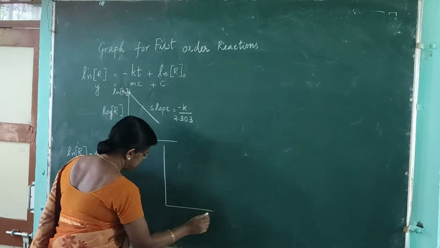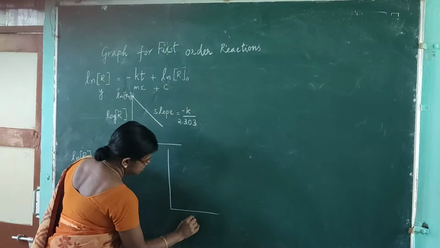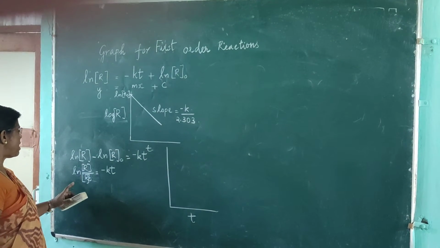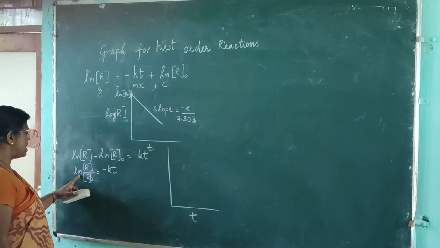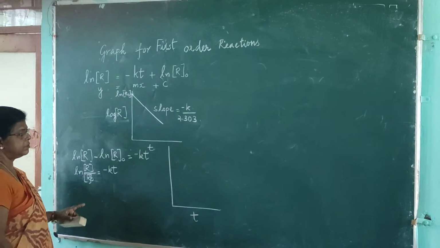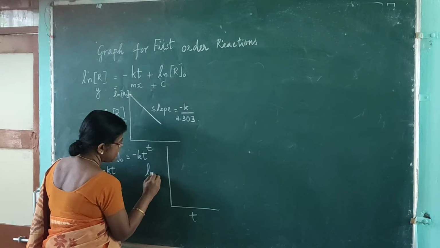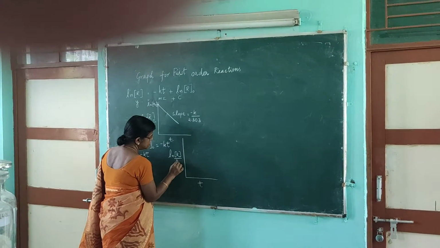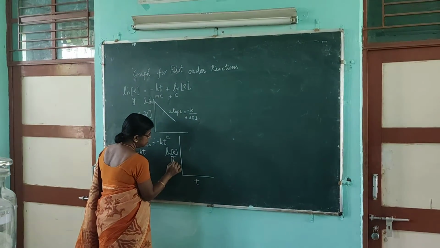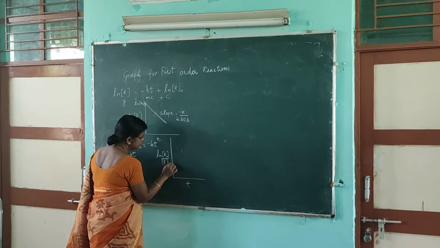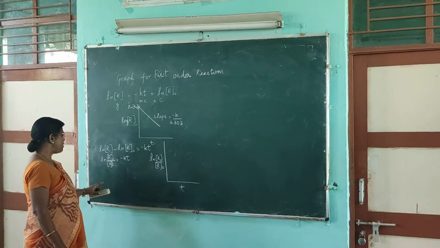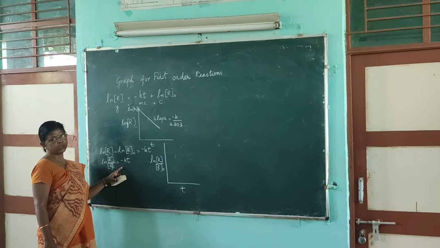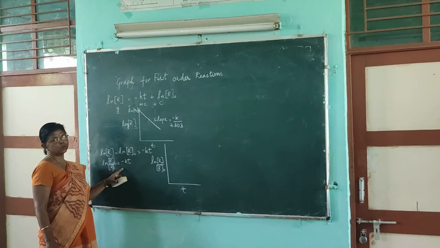See the graph: on x-axis t, and on y-axis you will have ln r upon r naught. The graph will pass through the origin.